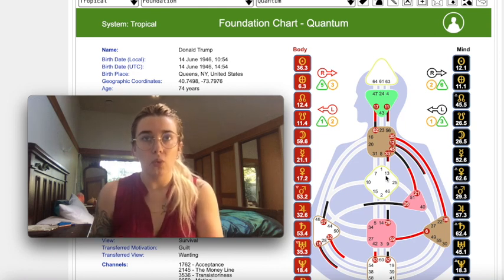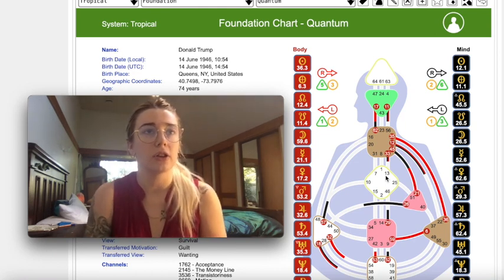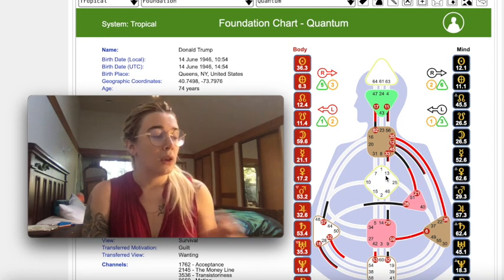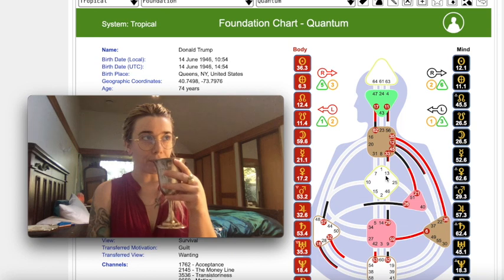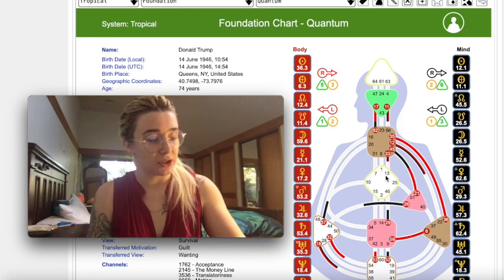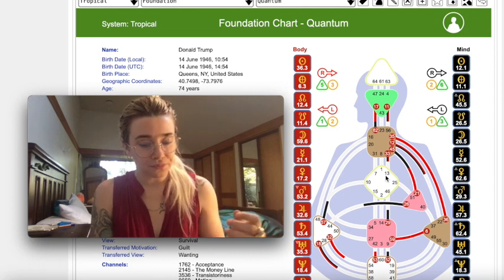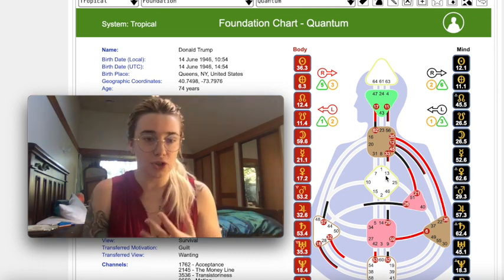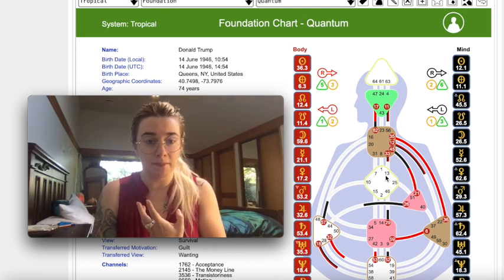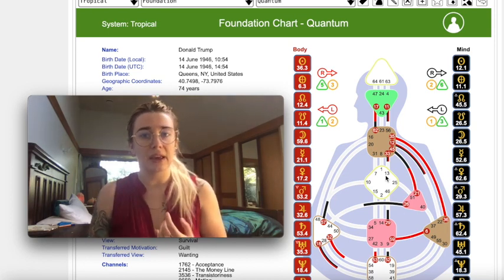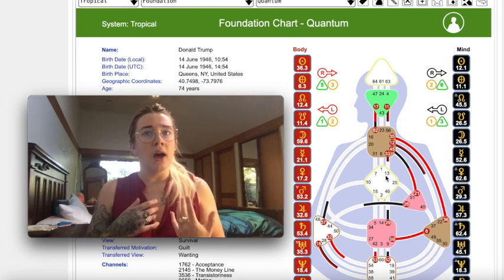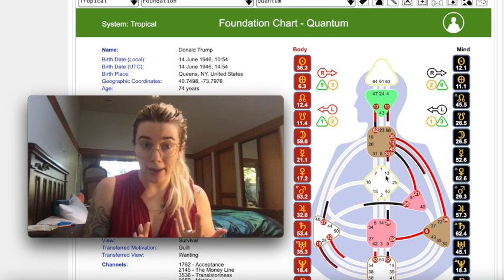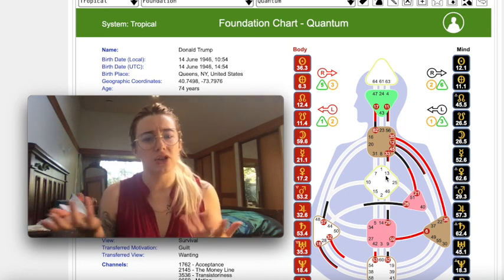People with an open G center often aren't as sure-footed of their identity. They can kind of feel conflicted within themselves of like the who am I, what did I really come here to do?